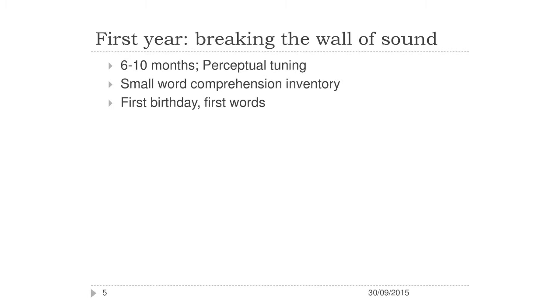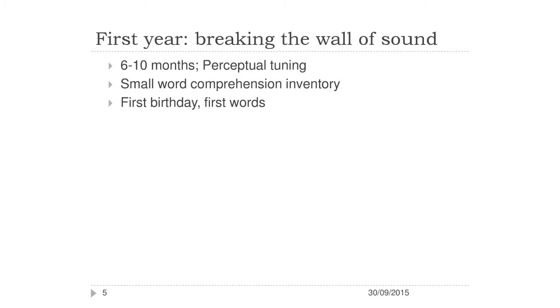Around 6 to 10 months, children undergo a process of perceptual tuning, when instead of being generalized listeners, they become language-specific listeners. They acquire a small comprehension vocabulary, and by the first birthday, we have first words. How do they do this?